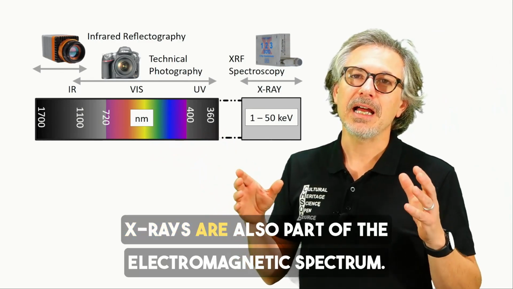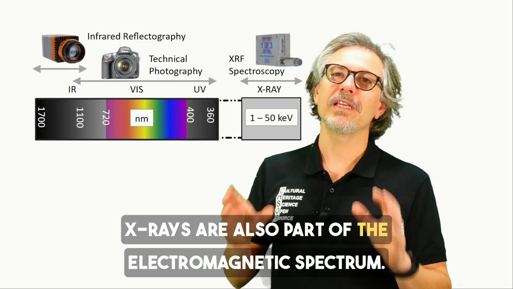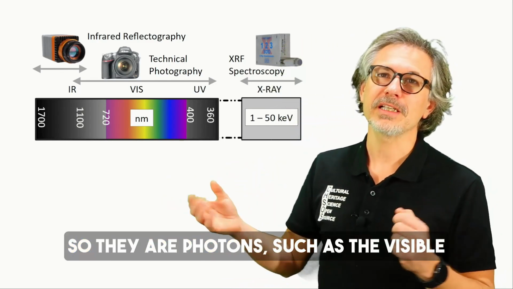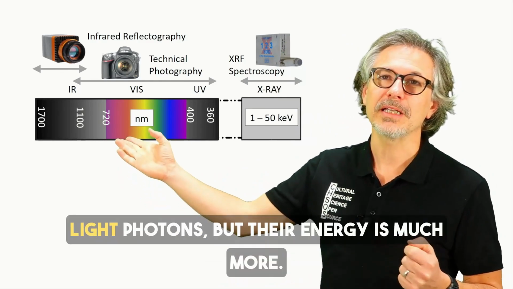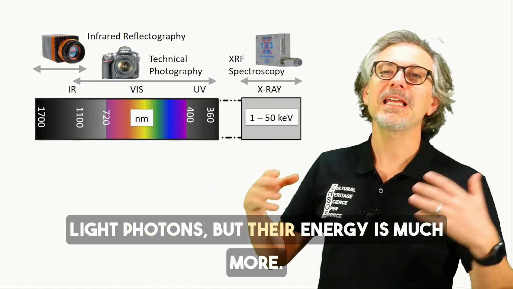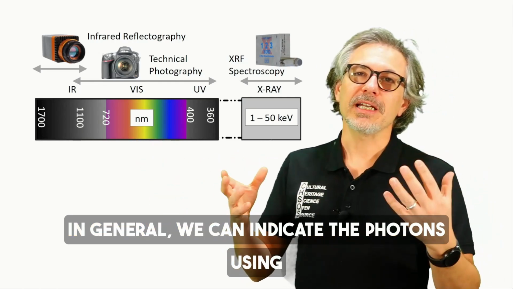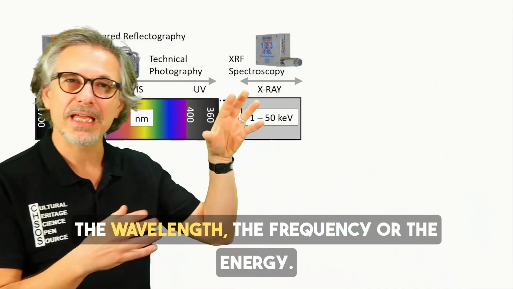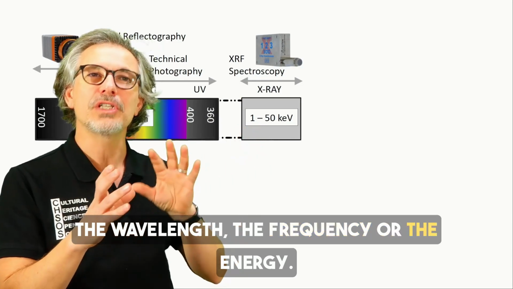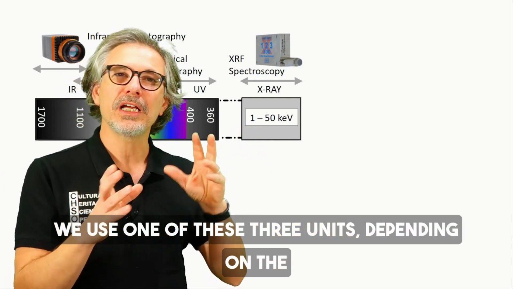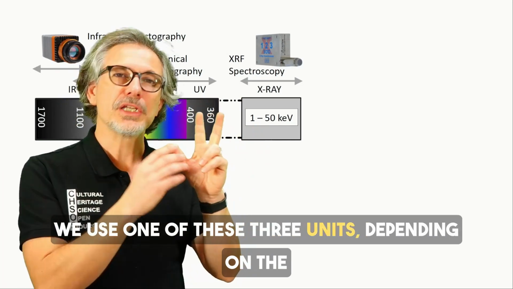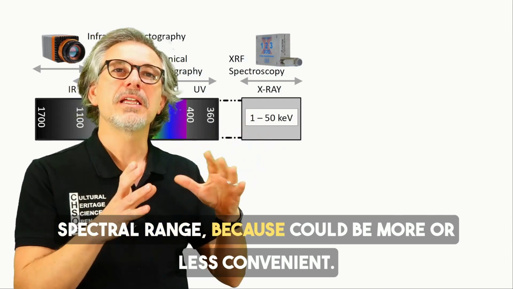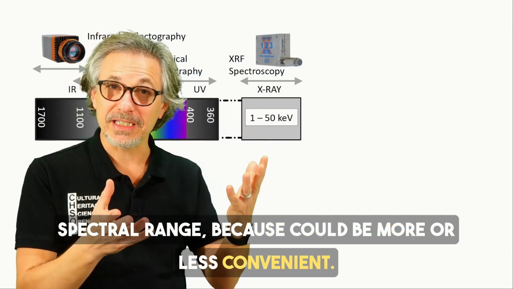X-rays are also part of the electromagnetic spectrum, so they are photons, like visible light photons, but their energy is much higher. In general, we can indicate the photons using the wavelength, the frequency, or the energy. We use one of these three units depending on the spectral range, because it could be more or less convenient.